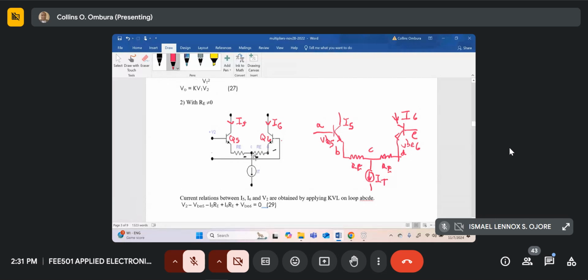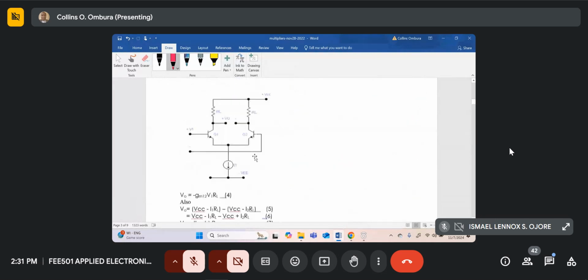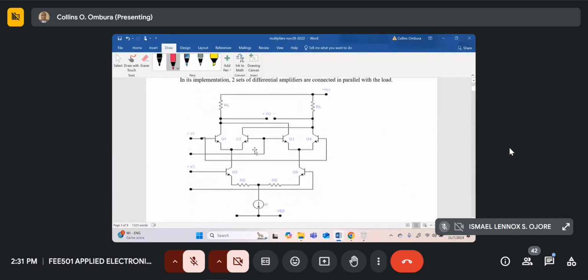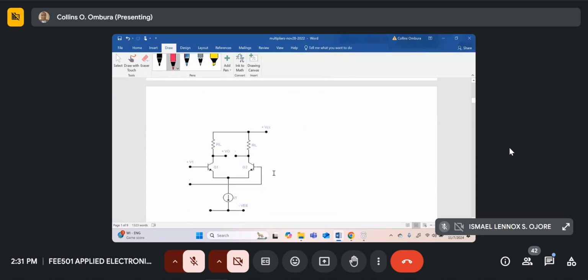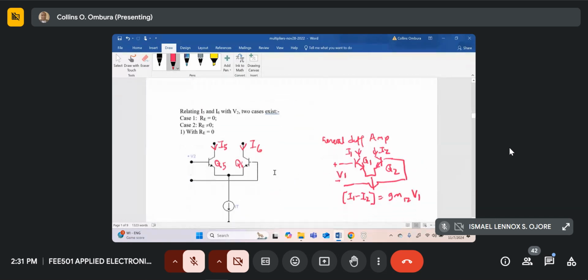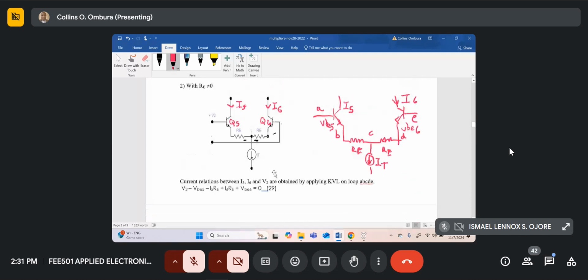So now we are considering, if you look at the original circuit of a Gilbert multiplier cell, here's the original circuit. So now we are considering RE present at the emitters of Q5 and Q6. So how will the result change now? So let's go to case 2, where the emitter resistance is not equal to 0.